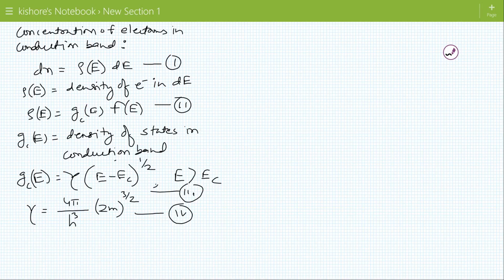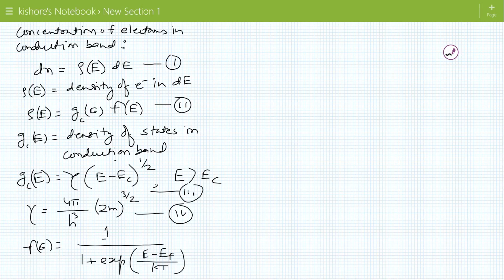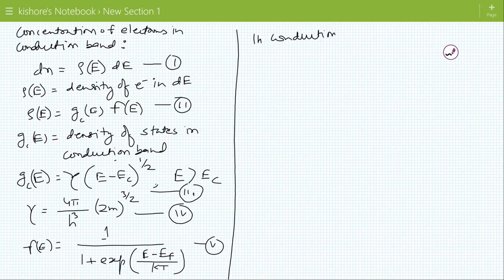F(E) is again Fermi Dirac function. F(E) is 1 upon 1 plus e to the power (E minus EF) by kT. Now in conduction band, E is greater than EF.